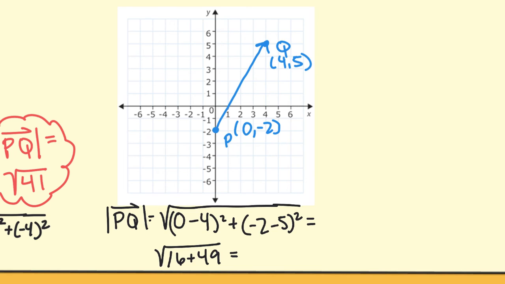And then we add 16 plus 49, is 65, so this is the square root of 65. And only 5 and 13 go into 65, so we're just going to have to leave that as it is. So we're going to have magnitude of PQ equals square root of 65.